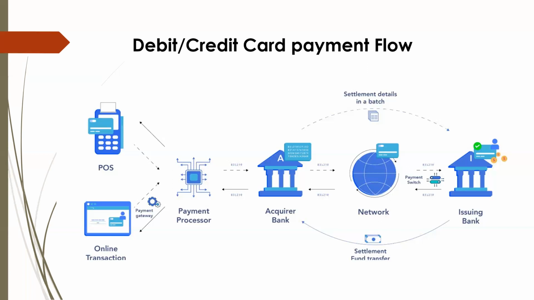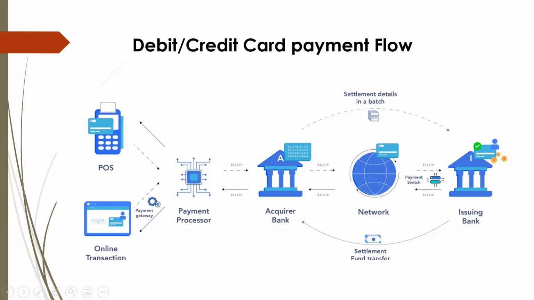Once you swipe it, or once you give the information, both take your card information and do the preliminary validation. Whatever card information and PIN is entered has to be validated. So it will go to the payment processor, and then your card is issued by your bank. The bank which issued the card has to authorize your transaction.